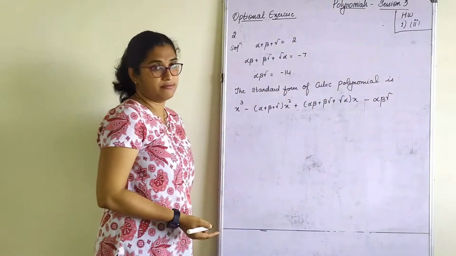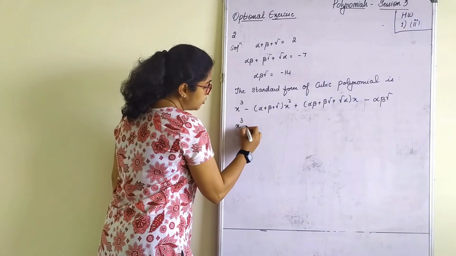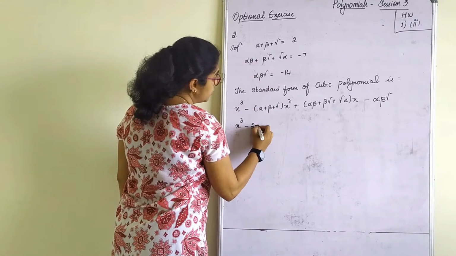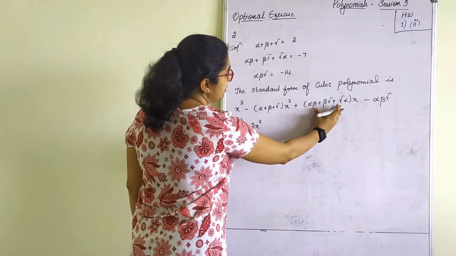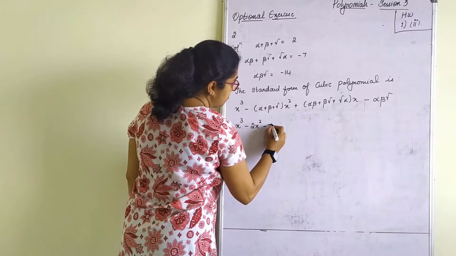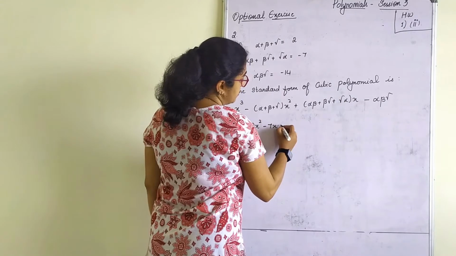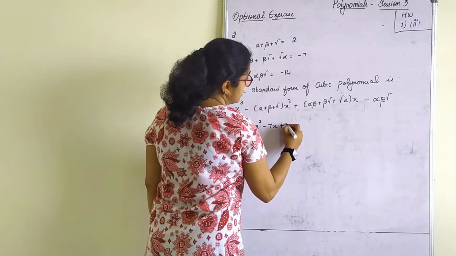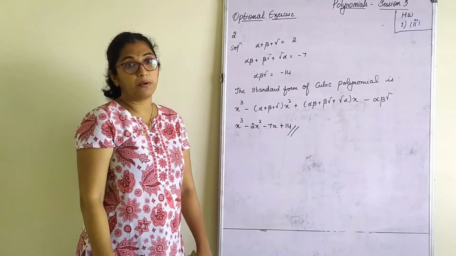We have written this in the starting part. Substitute the values. x cube minus alpha plus beta plus gamma, that is 2x square. Now it is plus here, directly I will take, because alpha beta plus beta gamma plus gamma alpha is minus 7, so plus into minus is minus 7x. In the question it is minus 14, alpha beta gamma is also minus, so minus into minus, plus 14. This is the cubic polynomial.